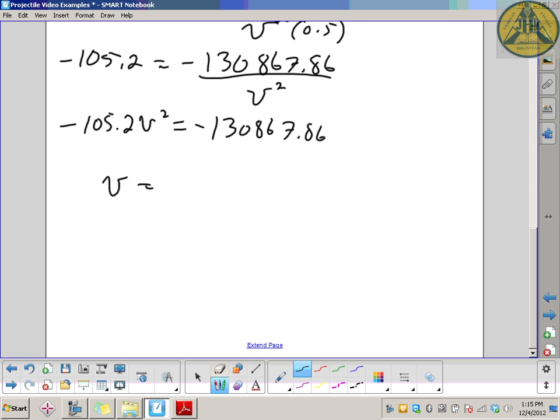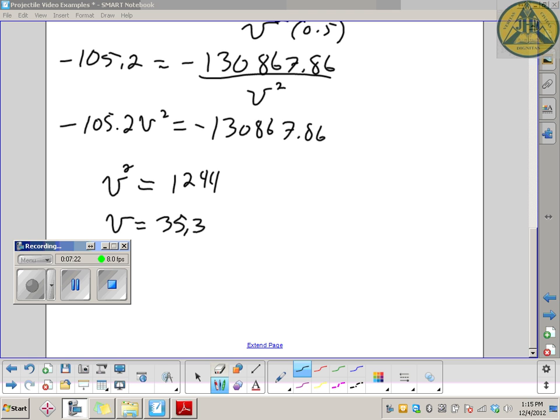Divide both sides by the 105, watch your signs, and hit the square root button. Well, when you divide, you should get 1244, about that, and then square root both sides, giving you 35.3. And we get 35.3 meters per second.